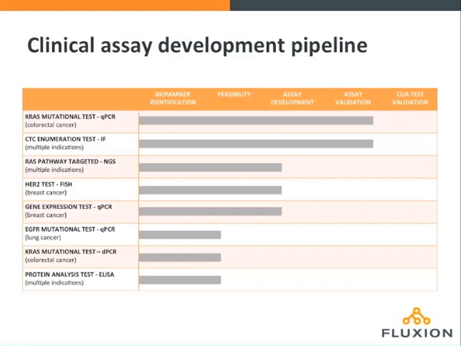We have a validated enumeration test as well that's based on the usual 3 immunofluorescent markers. We're also working, as you saw, on next-gen sequencing approaches and FISH approaches, which continue to be important for tests like HER2 copy number.